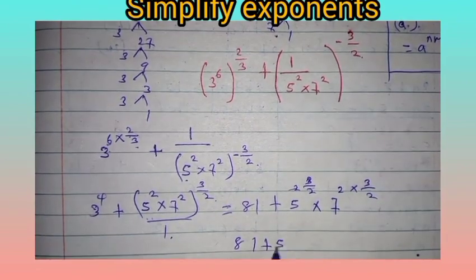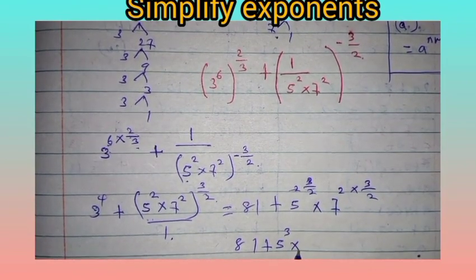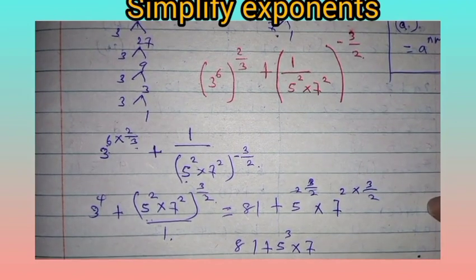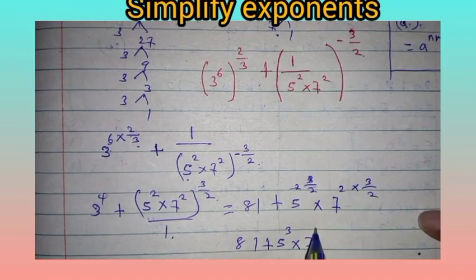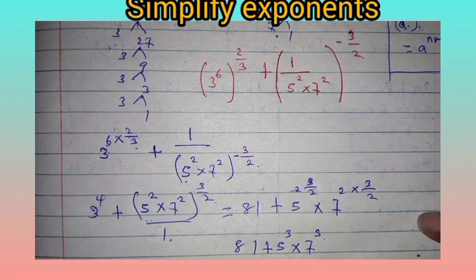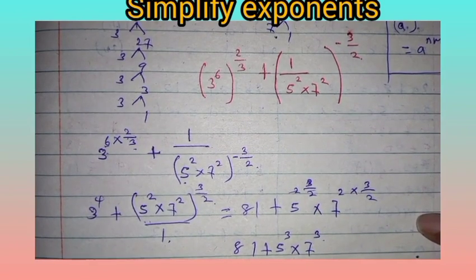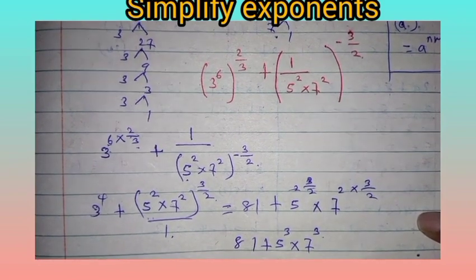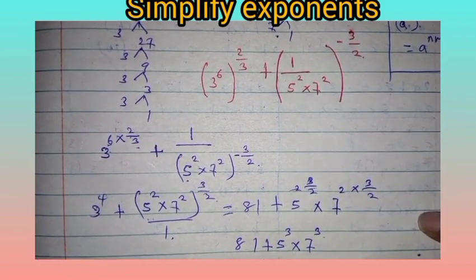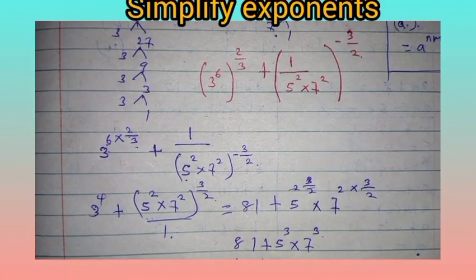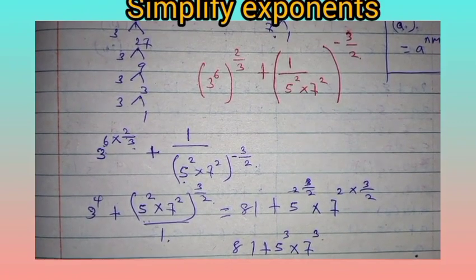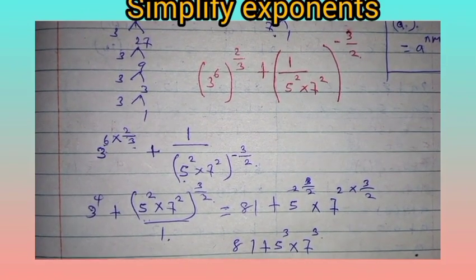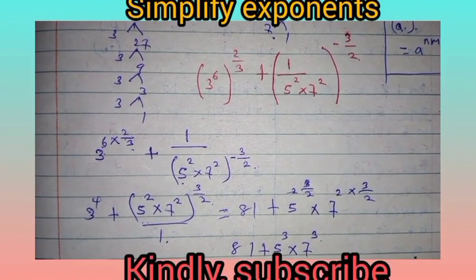Then you will have 5 power 3 times 7 power 3. So 5 power 3 will give you 125. So here you are going to have 81 plus 125 multiplied by 7 power 3, which will give you 343.